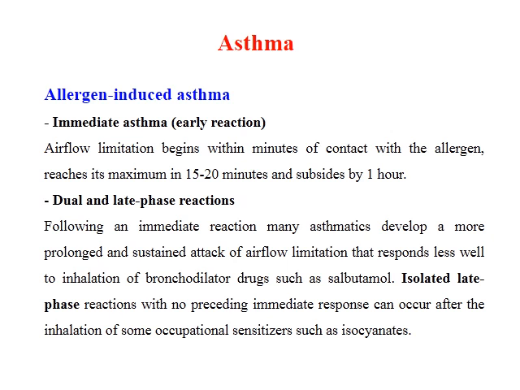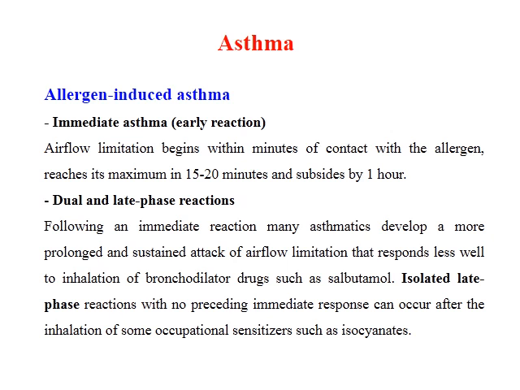Allergen-induced asthma. An allergen may cause an immediate or early reaction, or a late phase reaction, or maybe both, a dual reaction. An immediate reaction can occur within minutes of contact with the allergen, reaches a maximum at 15 to 20 minutes, and subsides by 1 hour.